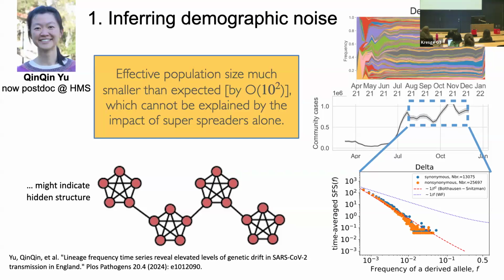And if really the dynamics here where the overall abundance stays constant, so that there's no expansion, no shrinkage, you would expect that these neutral mutations that appear in this plateau phase would satisfy the spectrum corresponding to neutral mutations. That would be the blue dashed line here, which is expected according to the Wright-Fisher model.